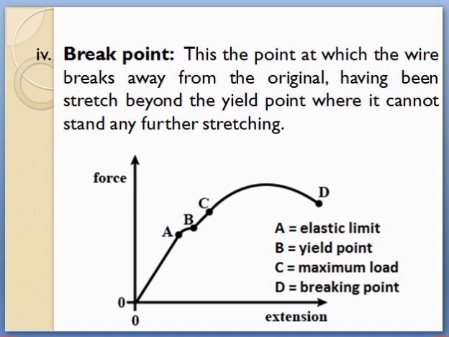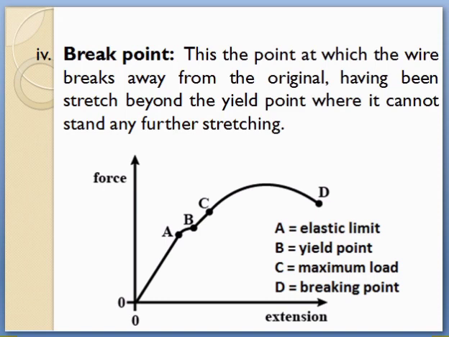A good example of this is illustrated in the diagram you can see on your screen, where you have your break point, your elastic limit, your maximum load, and your yield point.